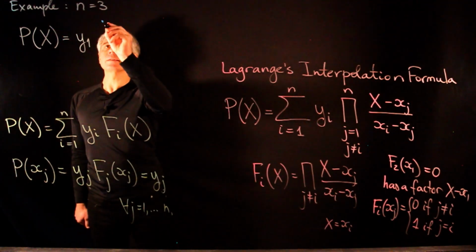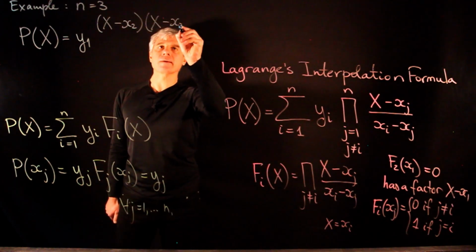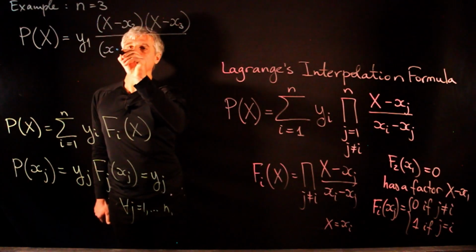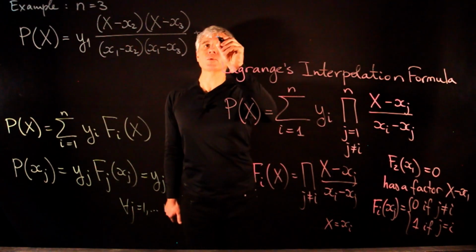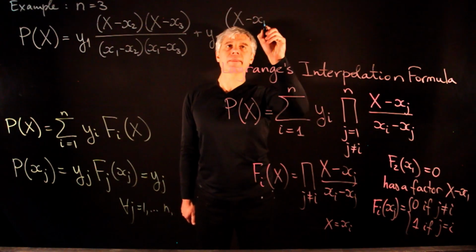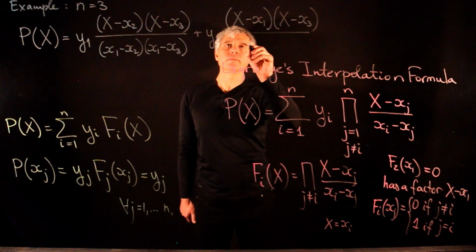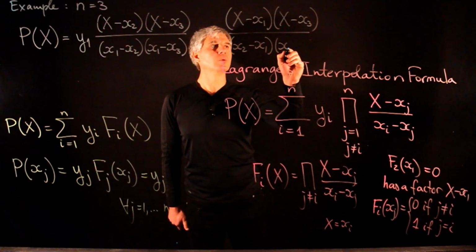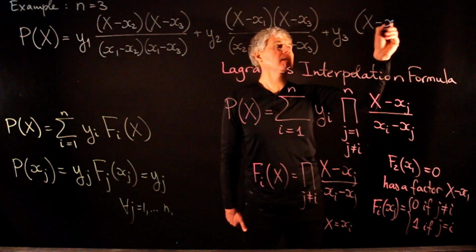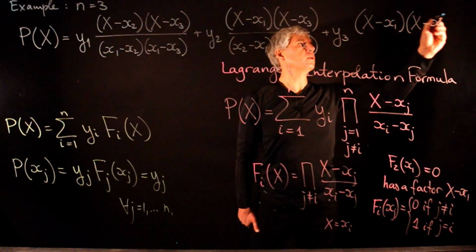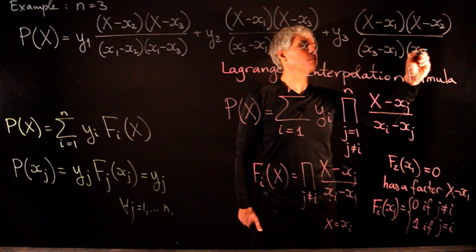We'll have y1 times (x minus x2)(x minus x3) divided by (x1 minus x2)(x1 minus x3), plus y2 times (x minus x1)(x minus x3) over (x2 minus x1)(x2 minus x3), plus y3 times (x minus x1)(x minus x2) over (x3 minus x1)(x3 minus x2).